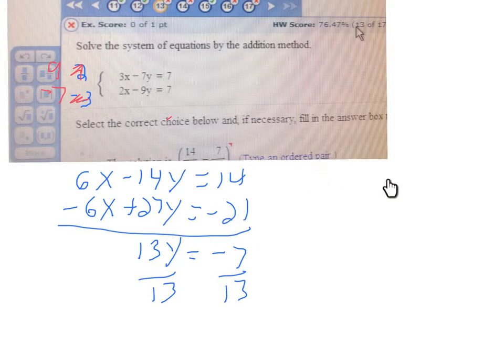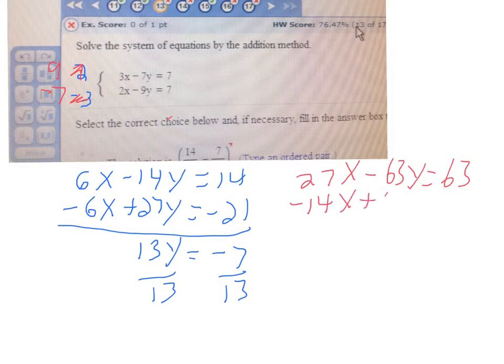I'll come down here and write down the results. And so that'll be 27x minus 63y equals 63. Multiply the bottom one by negative 7: negative 14x plus 63y equals negative 49.